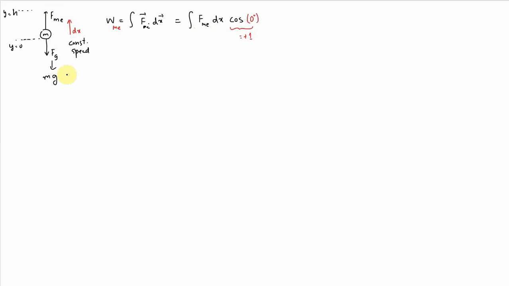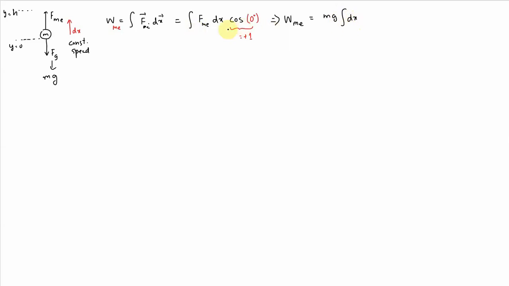Then Fg is equal to F me, so therefore the work done by me to move this object a little bit upwards is mg, which is a constant for each mass, and this acceleration is a constant, times the integral of dx.